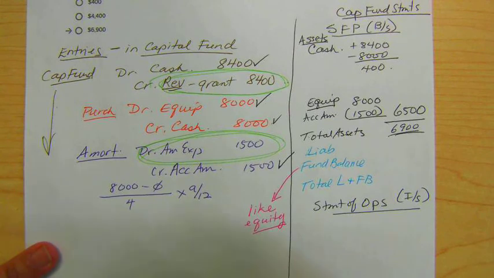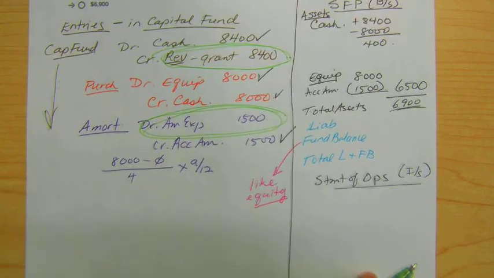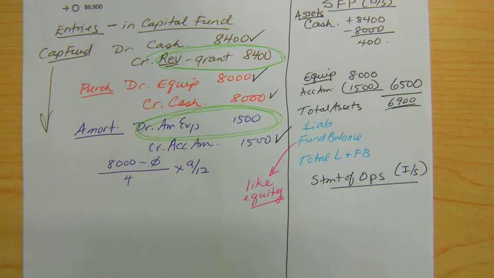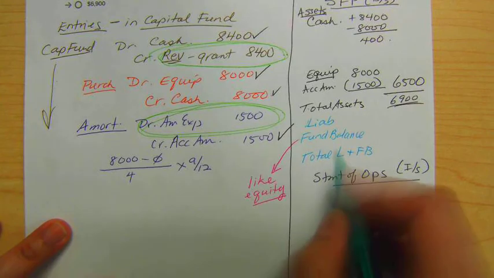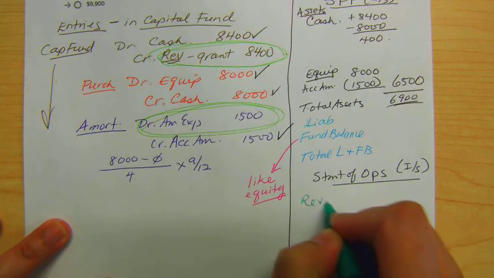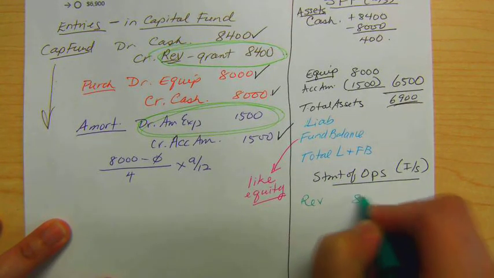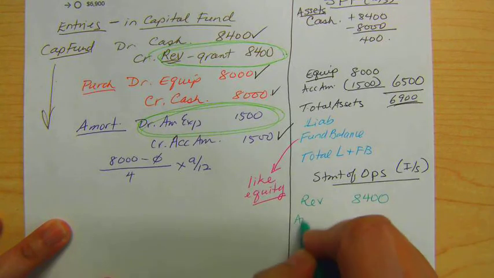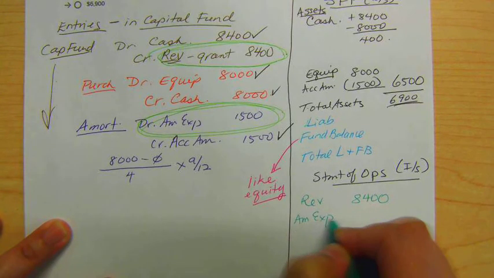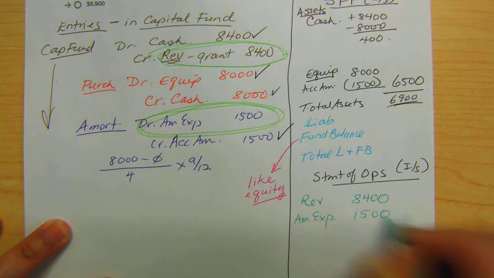They're going to go down here to our income statement. So we have revenues of $8,400, an amortization expense of $1,500.